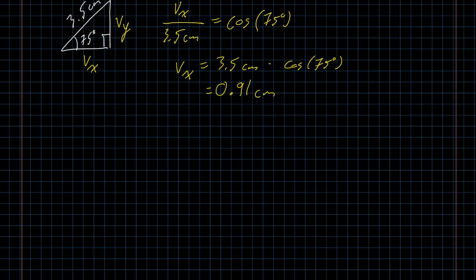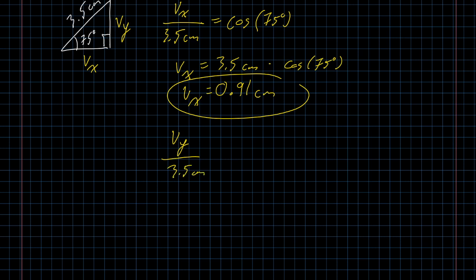I can do the same sort of thing for the y component. Vy over 3.5 centimeters. That's the opposite leg divided by the hypotenuse, and the relationship between opposite and hypotenuse is sine.